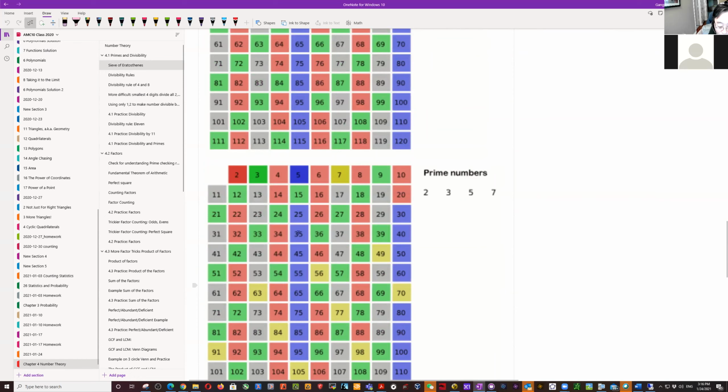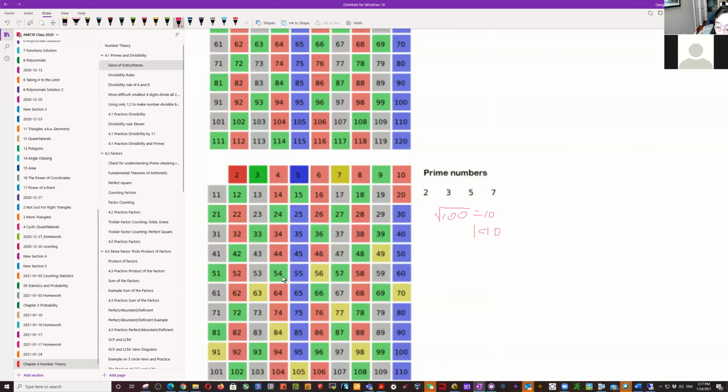Then basically whatever is left over under 100, those are all the prime numbers, because the square root of 100 is equal to 10. 100 is a perfect square. So for all the numbers below 100, if it could be factored, then the smaller factor will be less than 10.